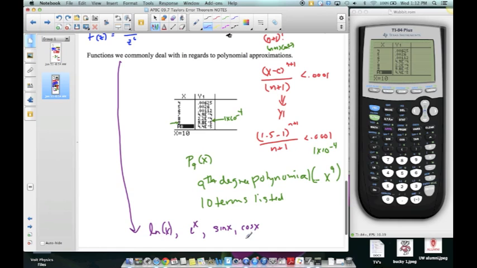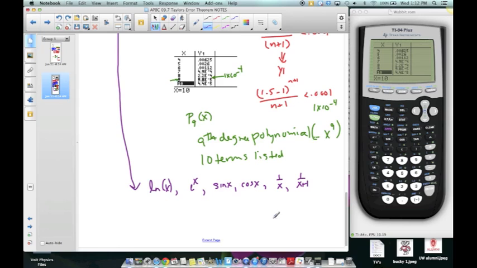Again, we'll approximate those. Also, things like 1 over x or 1 over x plus 1 or stuff like that. Those are not polynomial either, and those are all easy things to take derivatives of. So we will deal with approximating these non-polynomial functions with polynomial expressions.